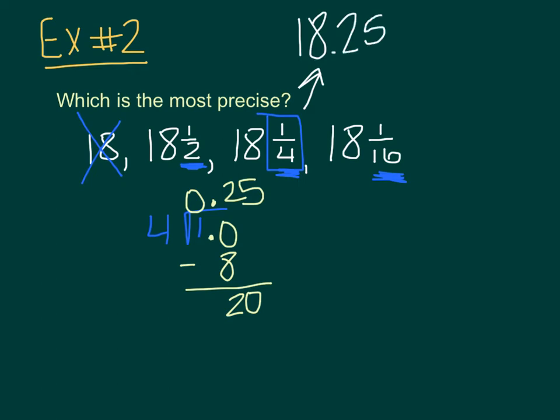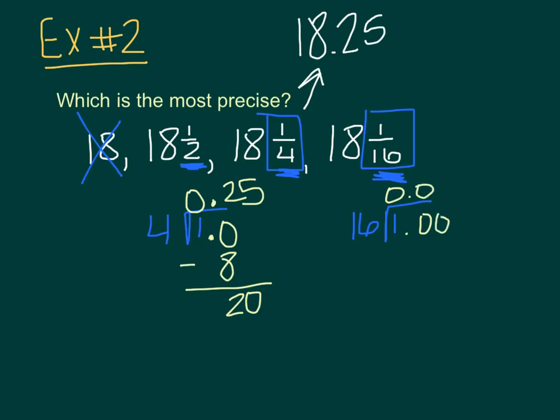Now let's do 1/16 and divide that. Numerator goes inside. 16 can't go into 1, so we put a 0. Add a decimal and a 0. 16 still can't go into 10, so we put a 0.